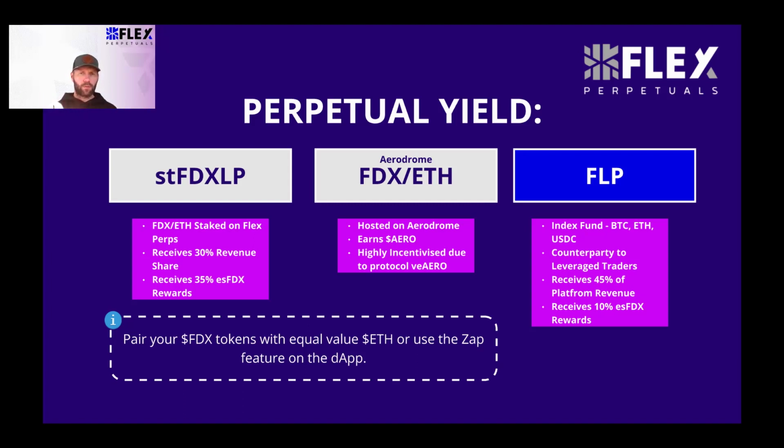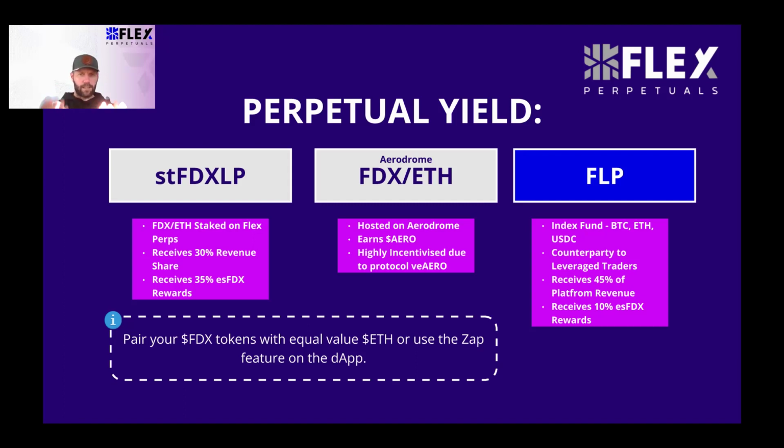And Flex Perpetuals owns a significant stake in the VE Aero token, which is essentially a locked version of the Aero token, which gives us the ability to incentivize our own liquidity pool on that platform. So you don't get any revenue share by staking on Aerodrome, but you will get highly incentivized rewards because of our protocol own holding of VE Aero.